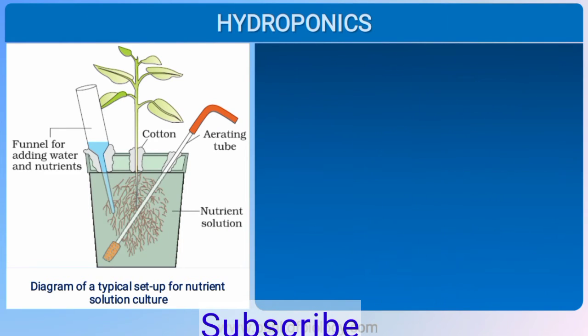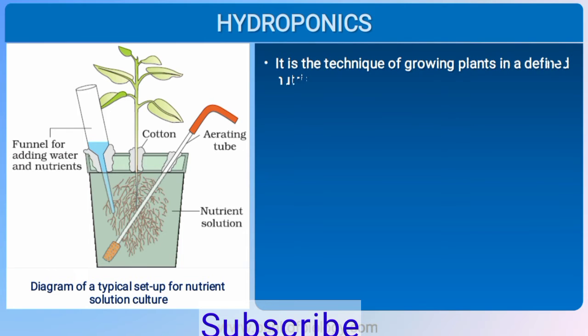Next we are going to look at hydroponics. Hydroponics is a technique of growing plants in a defined nutrient solution. Means to say we are going to grow a plant without using soil or land for the cultivation of the plant. We are going to grow a plant on an aerated surface in the air, not on the soil.